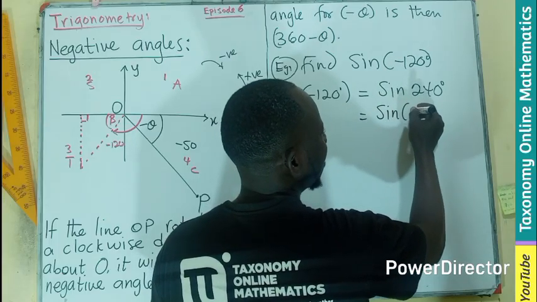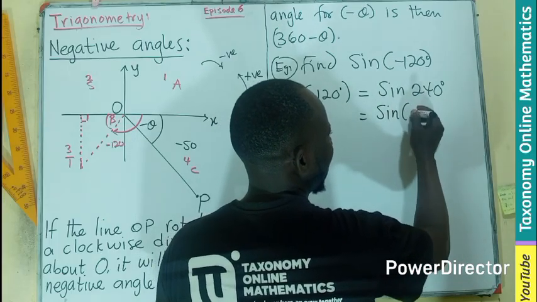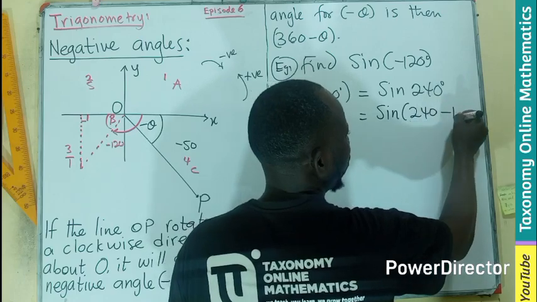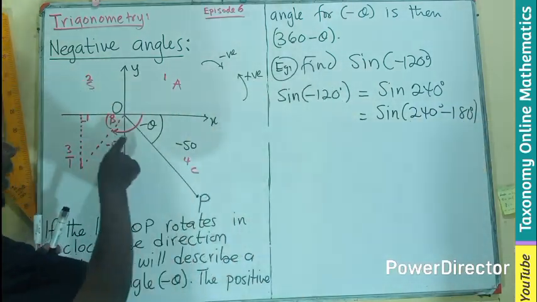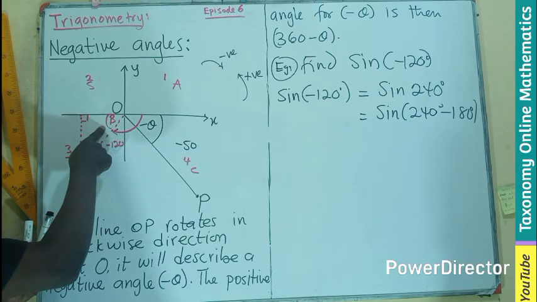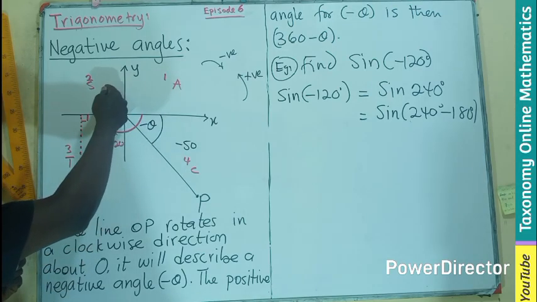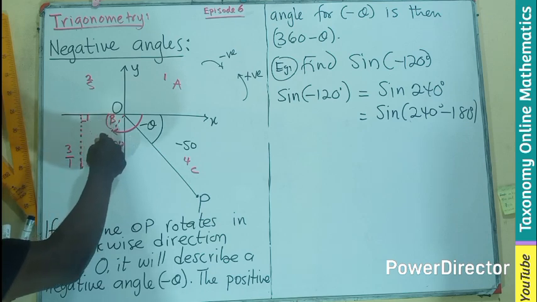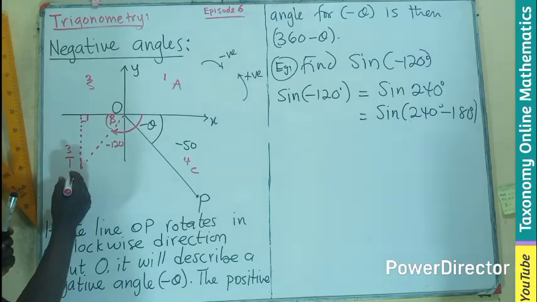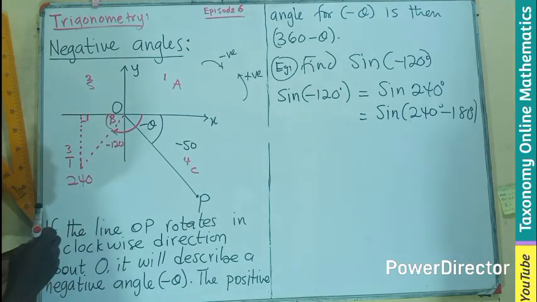So this beta will be 240 minus 180 degrees. That subtraction describes beta, the excess angle I added after reaching 180, which gives me the 240 movement.